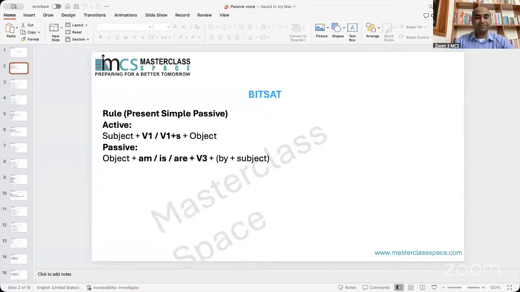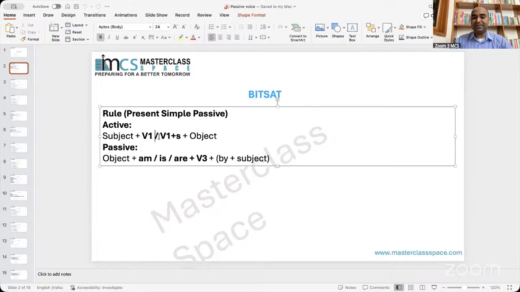Fine. Already we have discussed a few points: present simple, past simple, future simple, and future continuous. Okay. So if it is present continuous, the rule will be a little different. So what will the rule be?